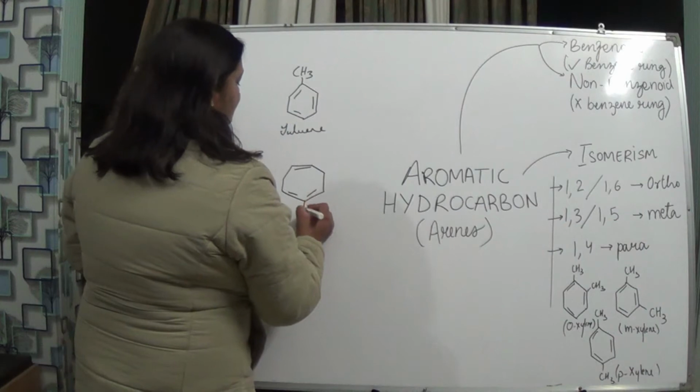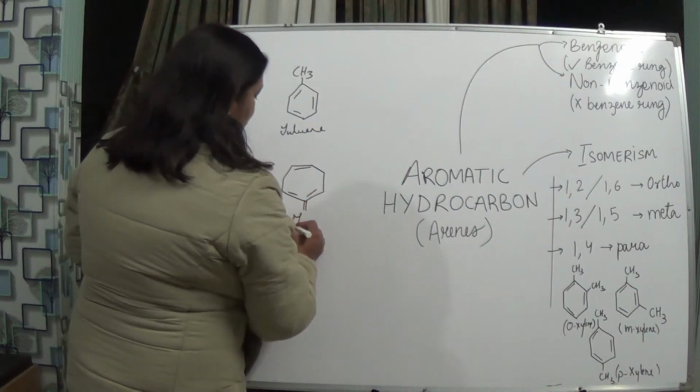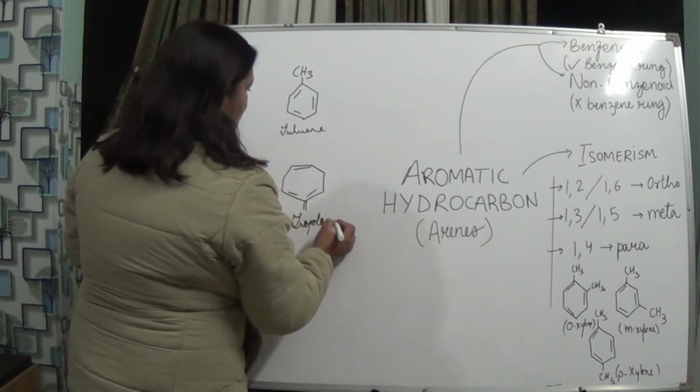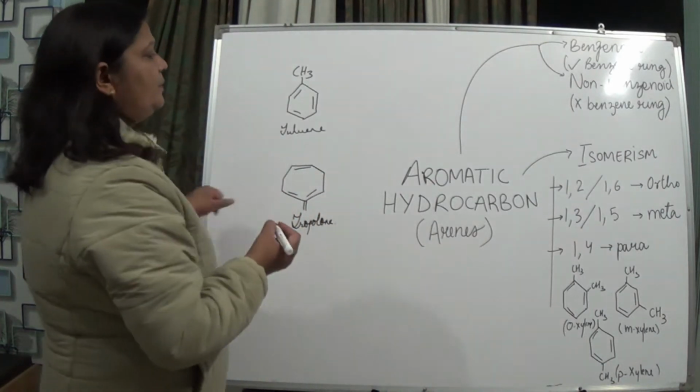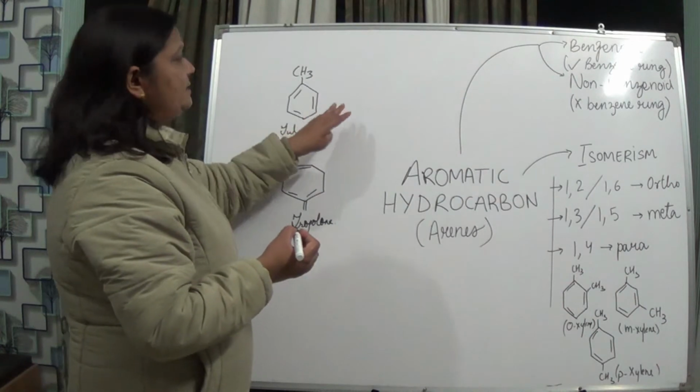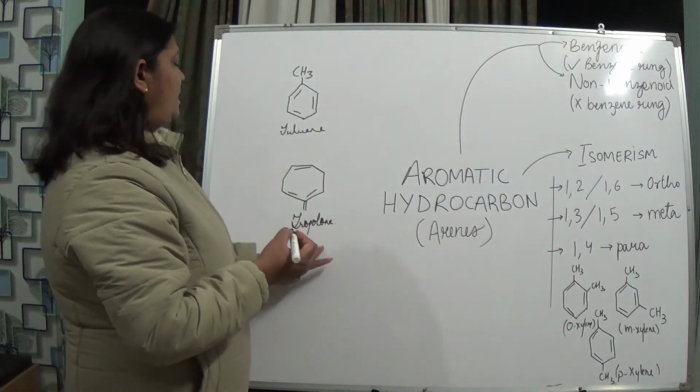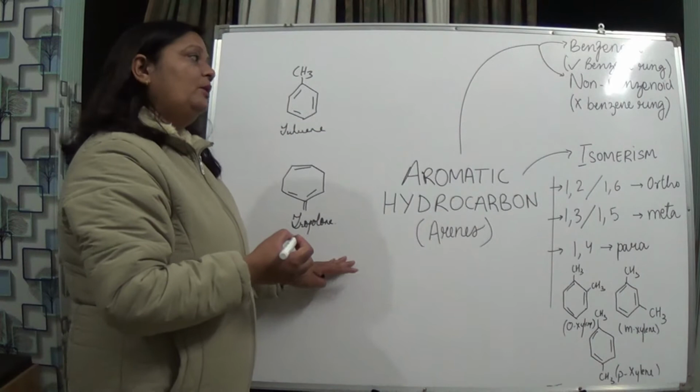So this is tropolone. So now, toluene is a benzenoid compound, and tropolone is a non-benzenoid compound.